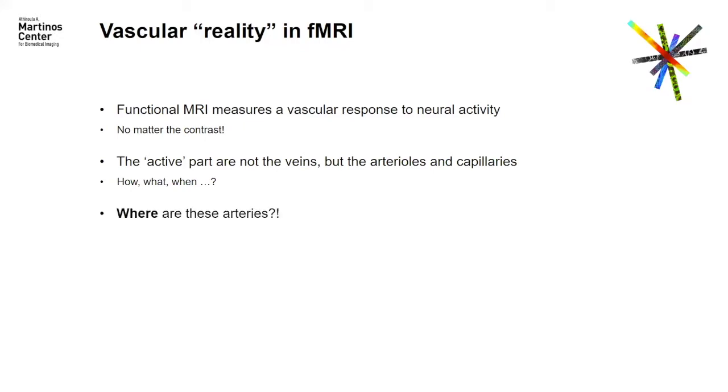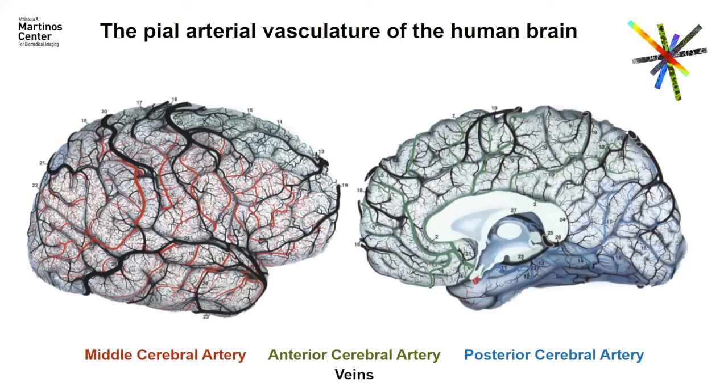So I started with the most simple question: where are these arteries actually? What's their anatomy, how are they distributed in the brain? You could go to an atlas and look at some drawings from ex-vivo studies, and you can learn that you have three major arteries that supply the brain: the middle, the anterior and the posterior cerebral artery.